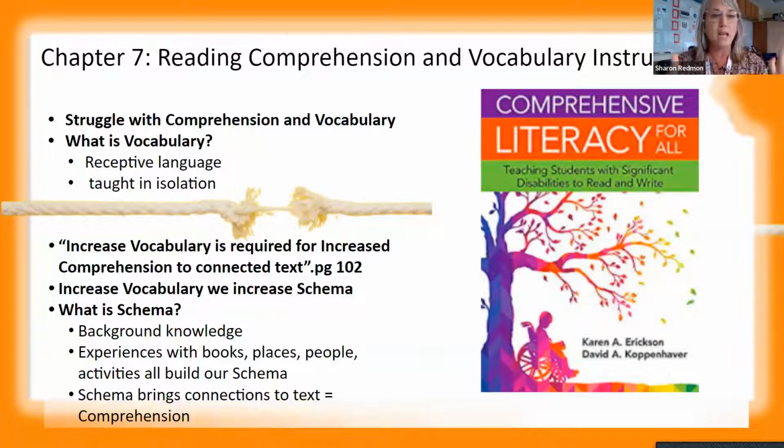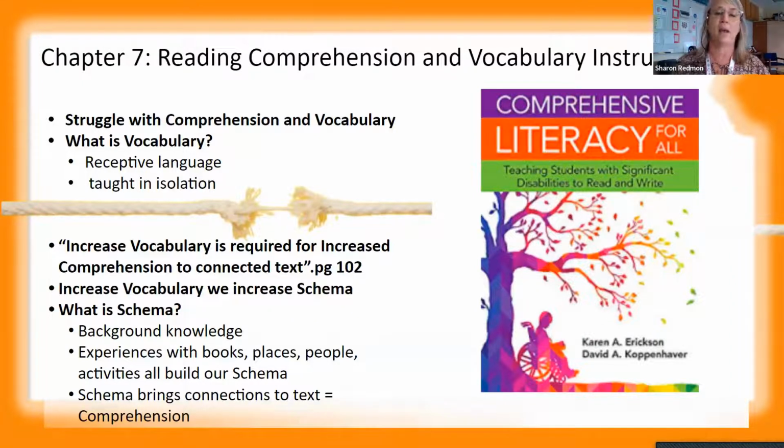So we are going to be here. We know that students struggle with comprehension of vocabulary, this receptive language, which is often taught in isolation, and that is very hard for our students to gather meaning from. So we need to increase vocabulary in order to increase our students' comprehension of authentic connected text. So what is that schema?